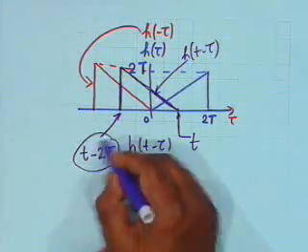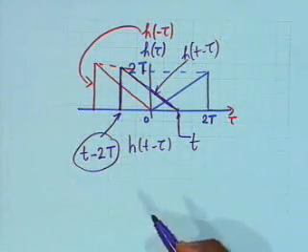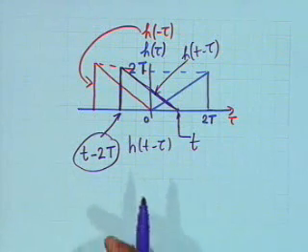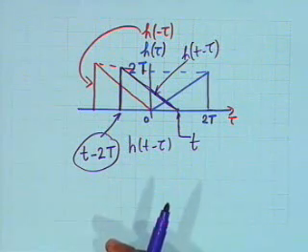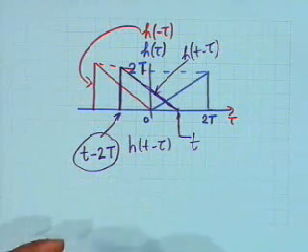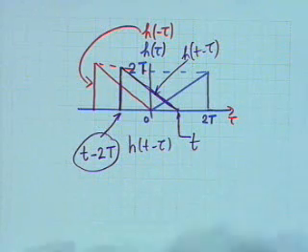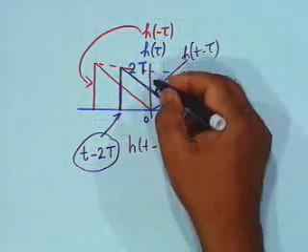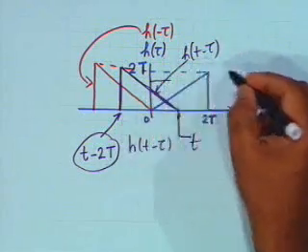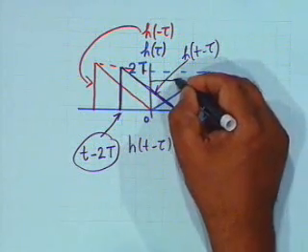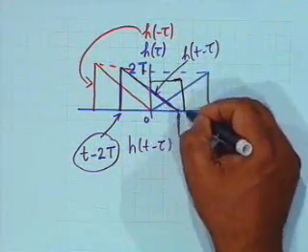That is correct. And as we vary small t, the overlap between this, and you recall my x of tau was simply a gate like this.